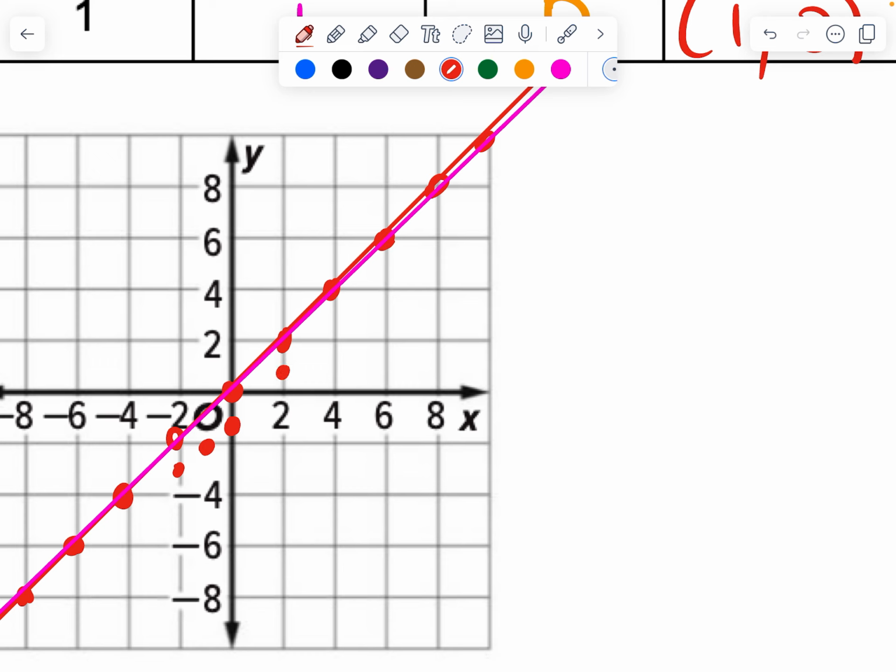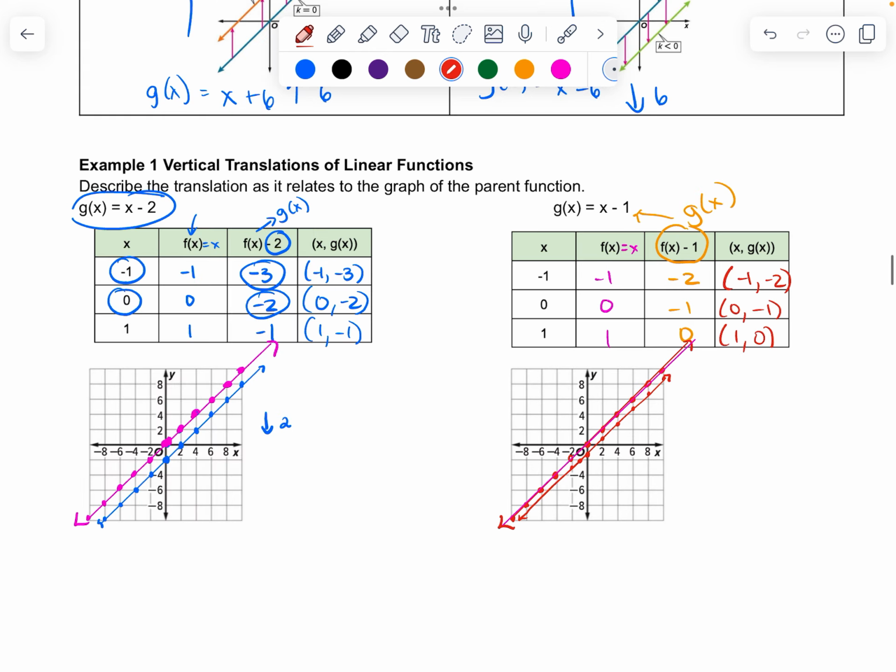I'm like, this is really hard to do. It's not hard to do. I don't like when the graph is going by 2s instead of going by 1s.